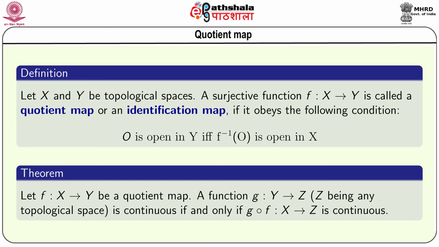Previously, we proved this theorem when the function f is taken as the function pi, and we have used the property of pi that it satisfies the condition that O is open in Y if and only if f inverse O is open in X.